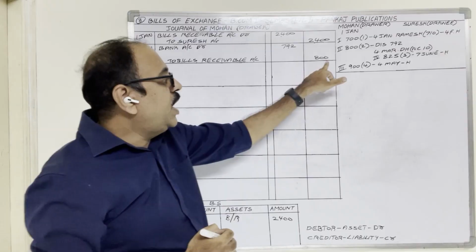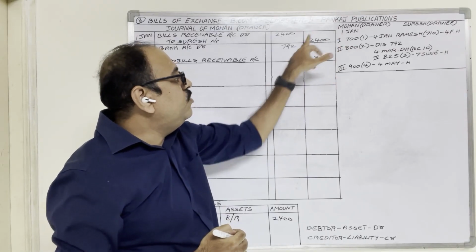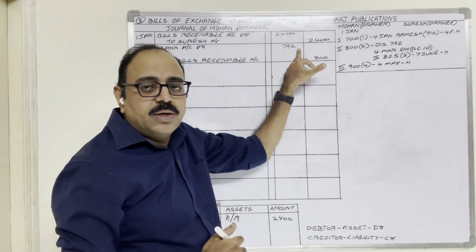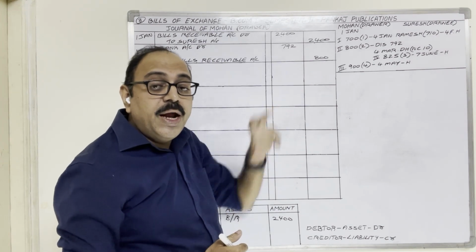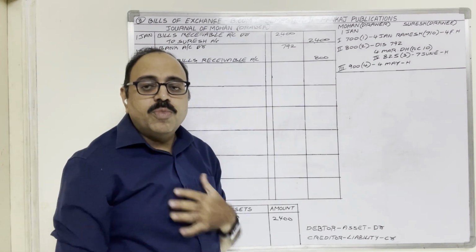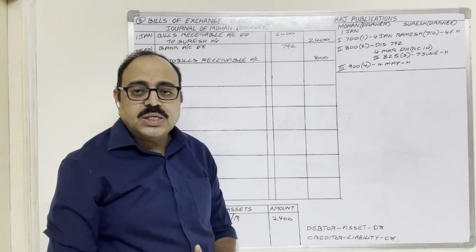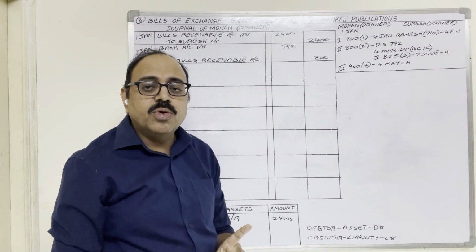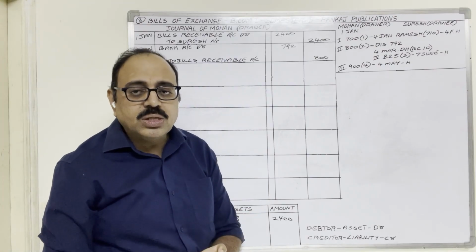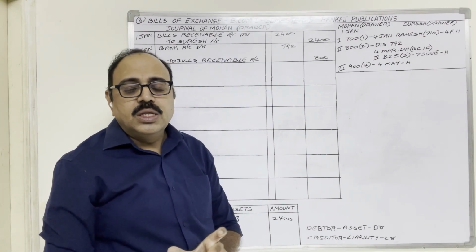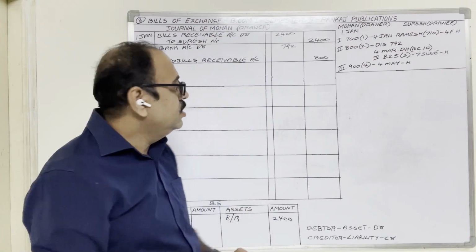Then what about the difference of 8 rupees? Instead of receiving 800, Mohan is receiving only 792 from the bank. So Mohan is allowing 8 rupees discount to the bank. For Mohan, this 8 rupees discount allowed is a loss. Losses come under nominal account. Nominal account rule: debit all expenses and losses, credit all incomes and gains. This is a loss, so we have to debit.